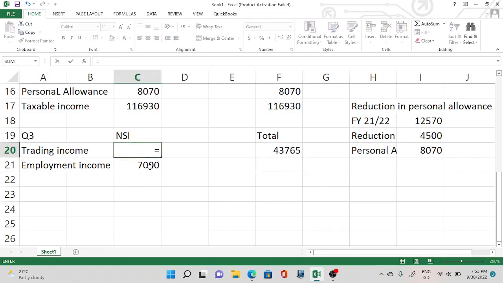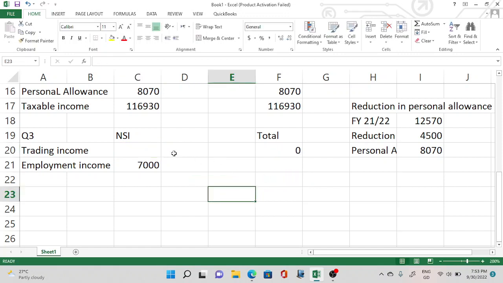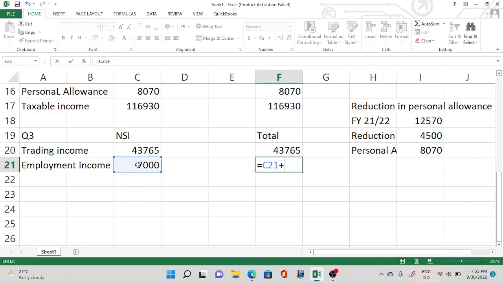If there is some savings or dividend, then you add it in the total, like if I show you, this would become this, add it up like this. But right now, as we don't have anything, you can directly link it as well.